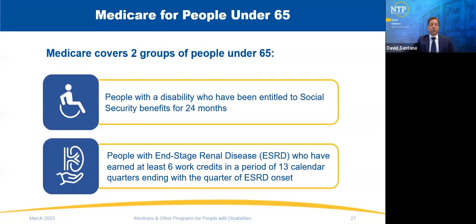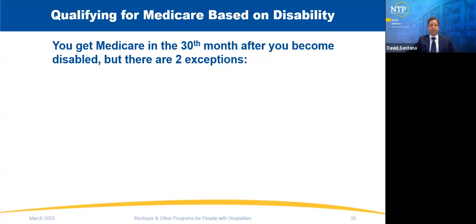So again, I just wanted to briefly mention the effective date for both individuals who are getting Medicare because of disability or because of end-stage renal disease. From this point forward, we'll focus the presentation a little more towards those who are getting Medicare because of disability.